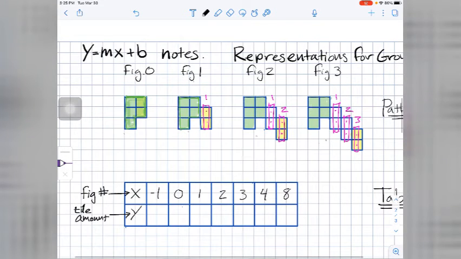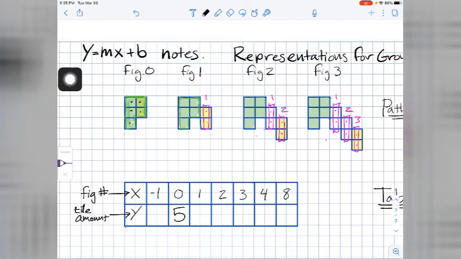Okay, so if I was to write these down, in figure 0 right here, how many tiles are there? Well, I can look really carefully and see that there's 1, 2, 3, 4, 5 tiles. So I'm going to write down that there's 5 tiles.